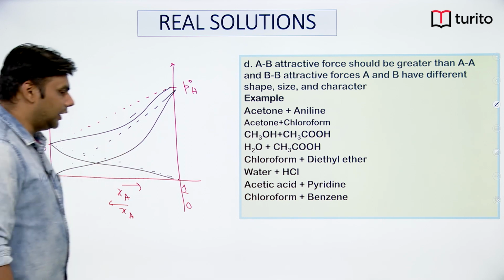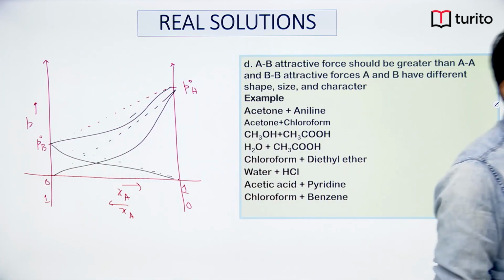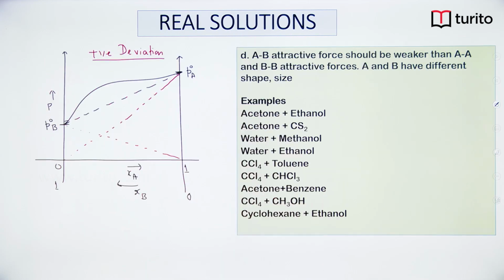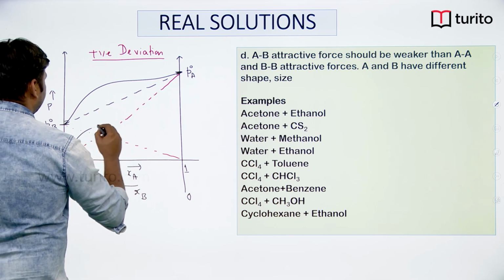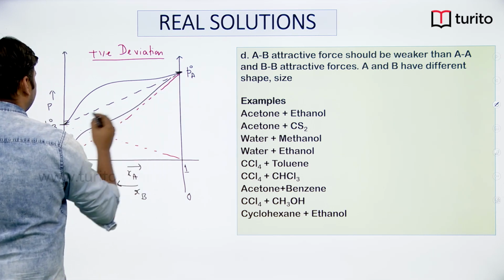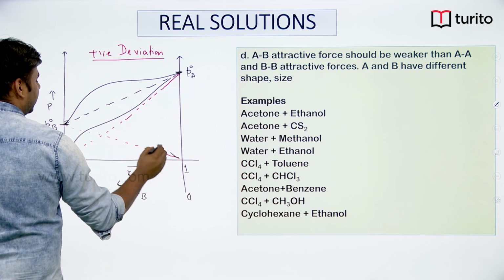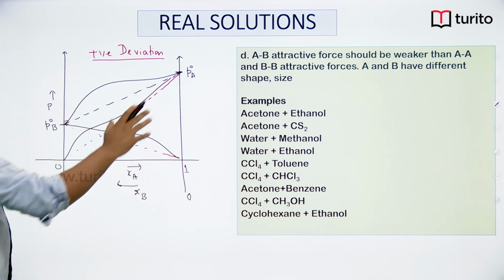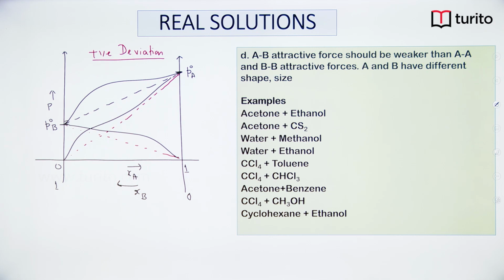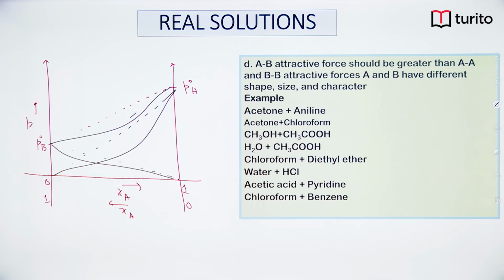You can similarly draw this for the positive deviation as well, where the individual component pressure is increasing, something like this. But I was drawing only for the total, so I hope this is not creating any ambiguity in your mind. So just draw the graph.